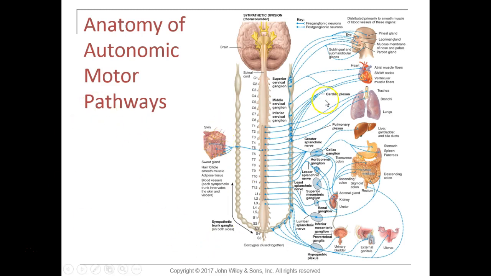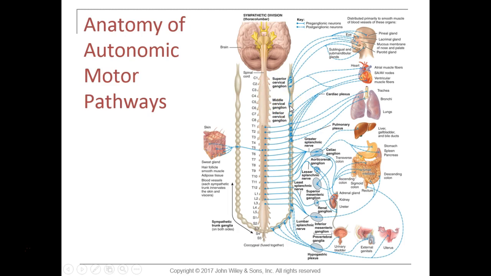Here is the sympathetic chain ganglion, right here. All of these little nodules that you see that the artist drew in is where sympathetic pre- and postganglionic neurons can communicate. And that's what a ganglion is. It's where a pre- and a postganglionic neuron is communicating, at least in the autonomic nervous system. So a ganglion, by definition, is a collection of neuron cell bodies out in the peripheral nervous system somewhere.